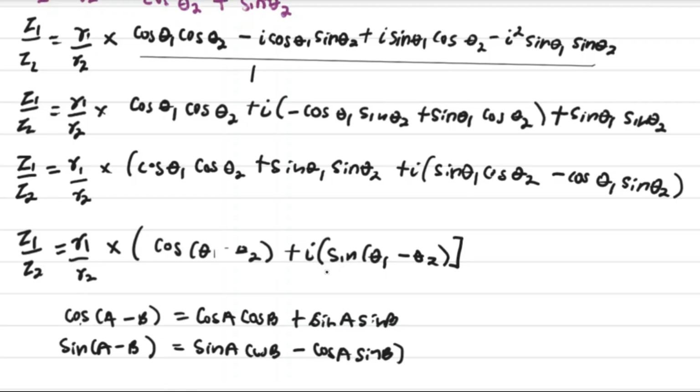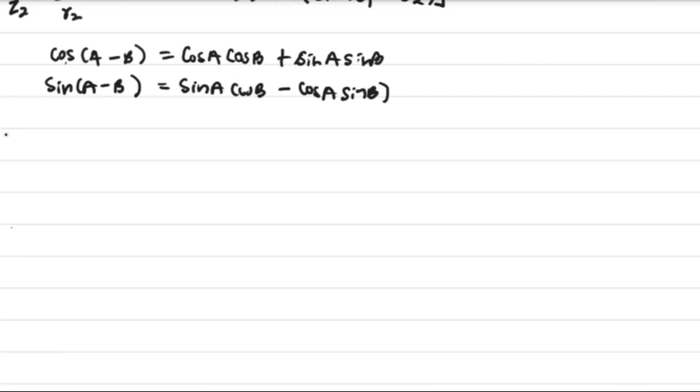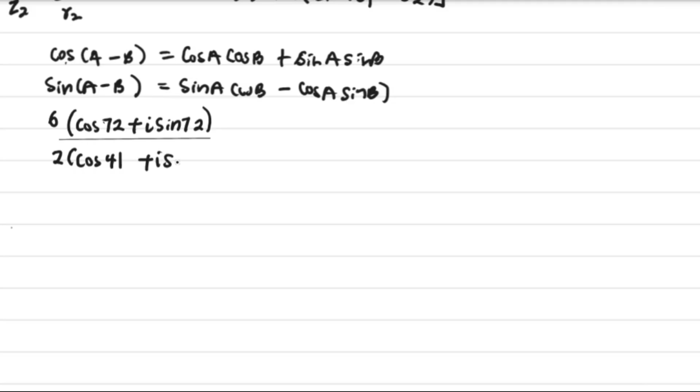So now let's take an example to prove that. We have to evaluate 6 open bracket cos 72 plus i sine 72, everything being divided by 2 open bracket cos 41 plus i sine 41.